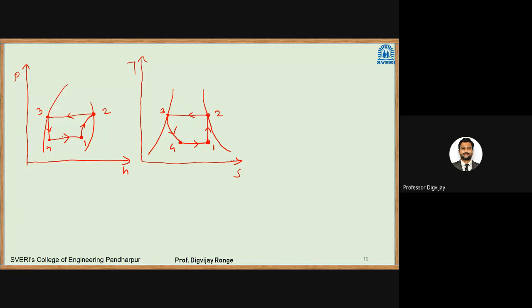Now first let us understand what is given in this case. They have given these temperature values: 25 degrees Celsius and minus 15 degrees Celsius.